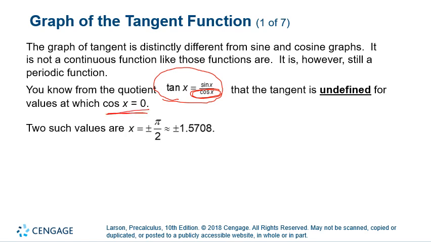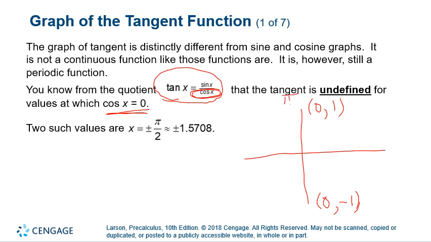And where that happens, if we think about our unit circle, happens at these 2 points on the unit circle, at pi over 2 and 3 pi over 2, otherwise known as negative pi over 2.